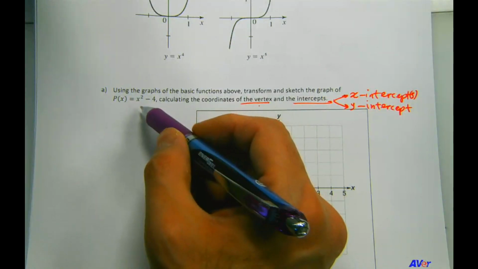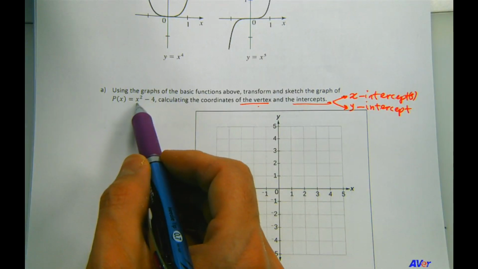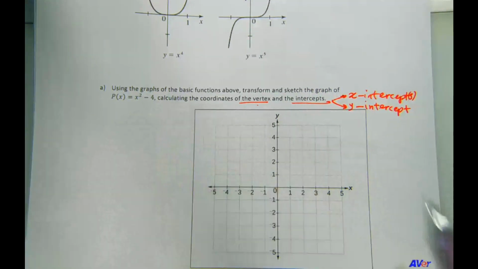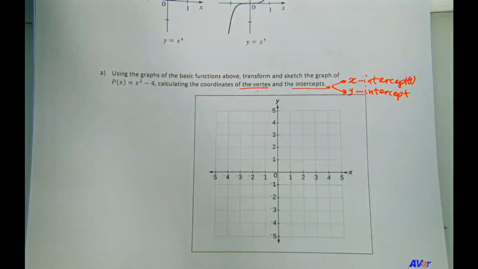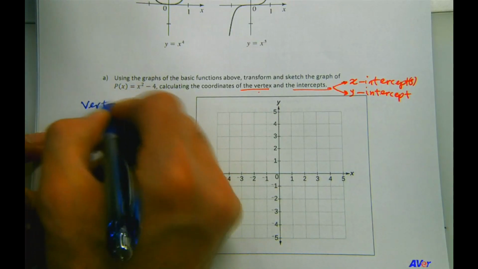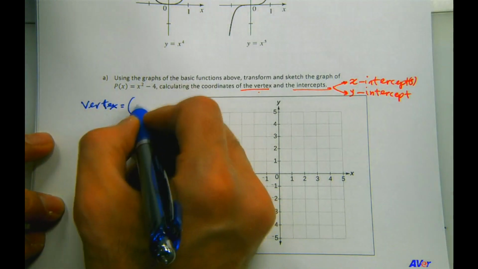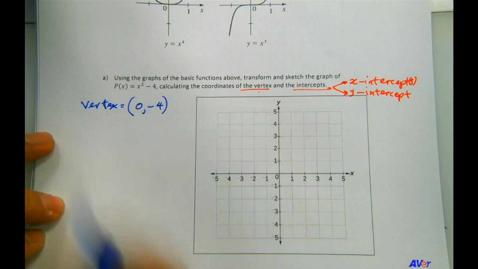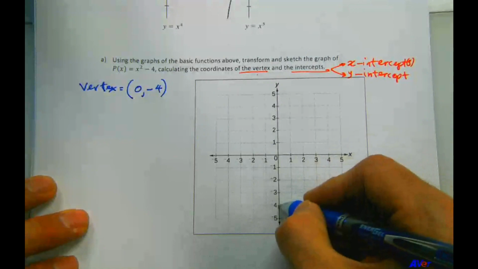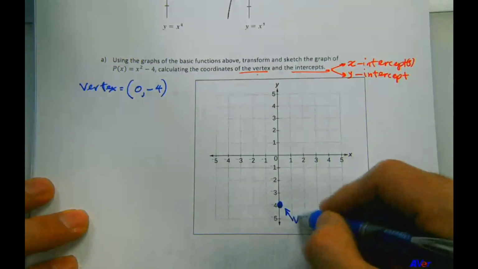But this one is such an easy function, we quickly can see that this is just the basic quadratic function moved 4 units down. So we know that the vertex is at 0, comma, negative 4, right? So this will be here, 0, comma, negative 4 is the vertex, right there.